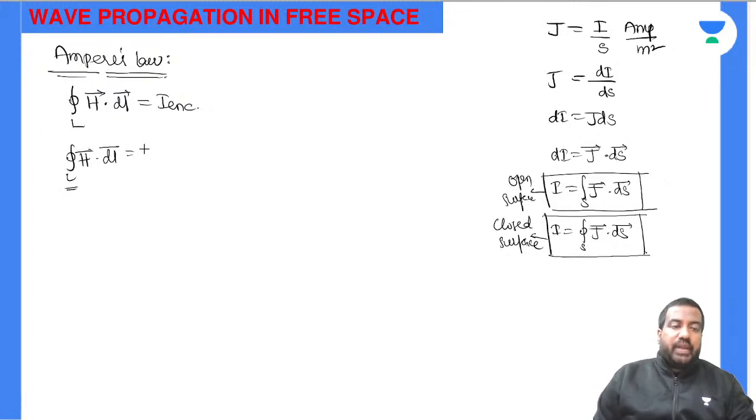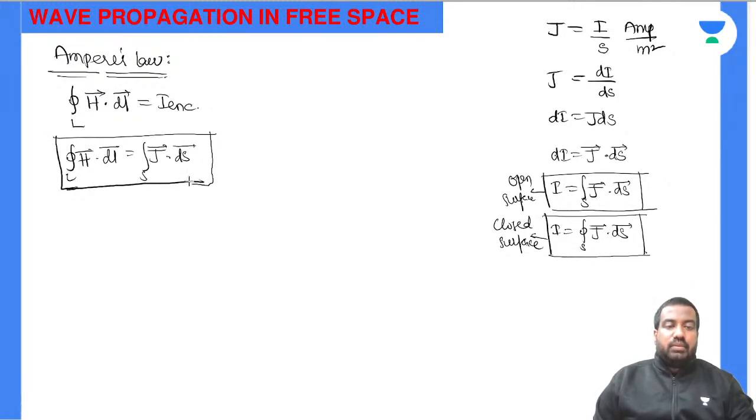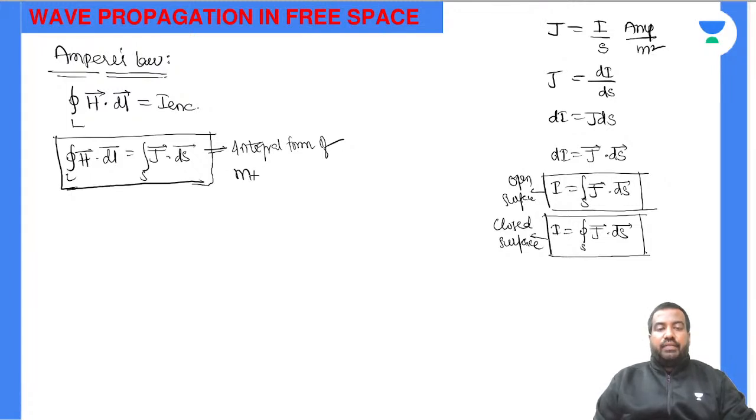This is having a closed loop here, therefore open surface only. Wonderful. Super. So closed loop integral of H dot dl is equal to surface integral of J dot ds. It's called the integral form of Maxwell third equation.